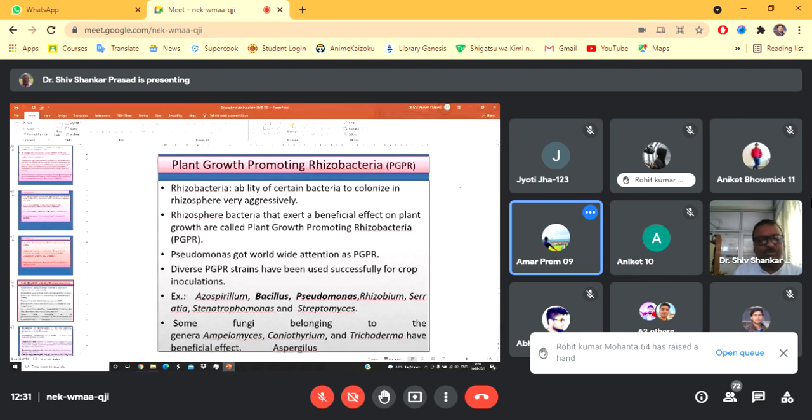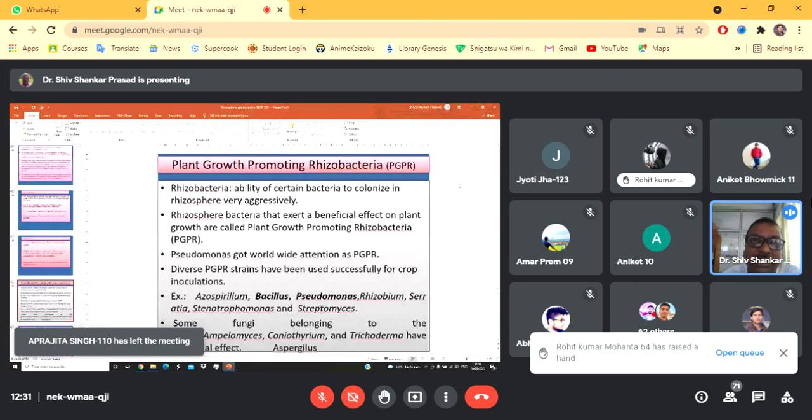Excuse me, sir. Do siderophore microorganisms help in decreasing the acidity of the soil? Siderophores only chelate certain metals, which reduces their bioavailability for other microbes, like pathogenic microbes or deleterious types of microbes. Because soil has many types of microbes, but when you are using plant growth promoting rhizobacteria and biocontrol agents, they have the property to obtain iron present in the soil, so for the time being they make it unavailable for pathogens and deleterious microorganisms. So the growth of those microorganisms is affected, and the growth of the biocontrol agents or PGPR is accelerated.